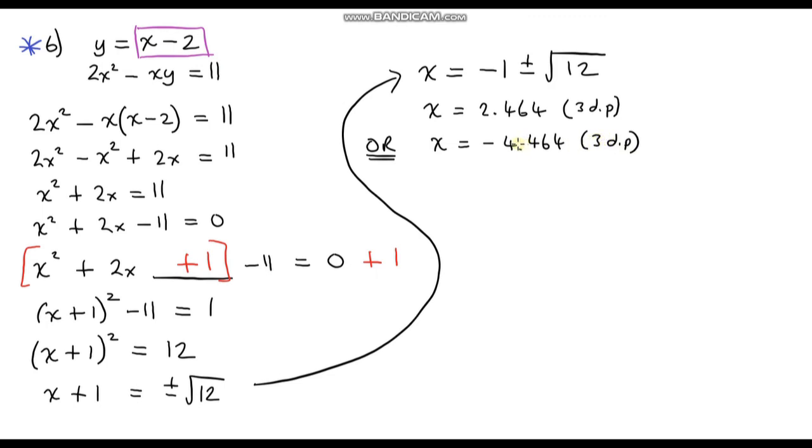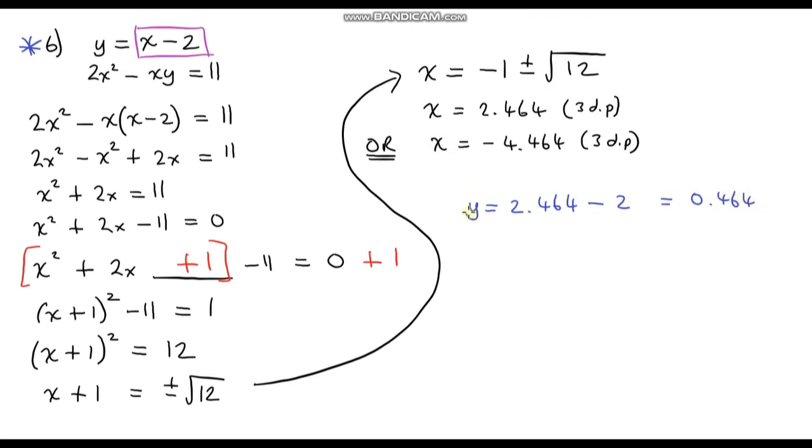Let's work out our value for y. So again, we're going to substitute into the linear equation. So y is going to be equal to, so we're just going to use this value for x, 2.464 minus 2, which equals 0.464. That's quite easy.